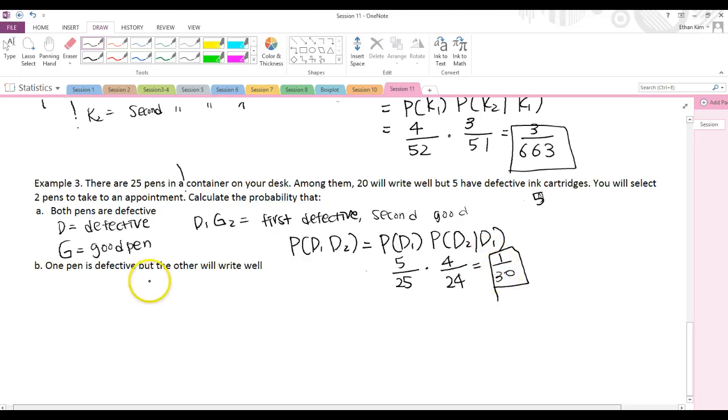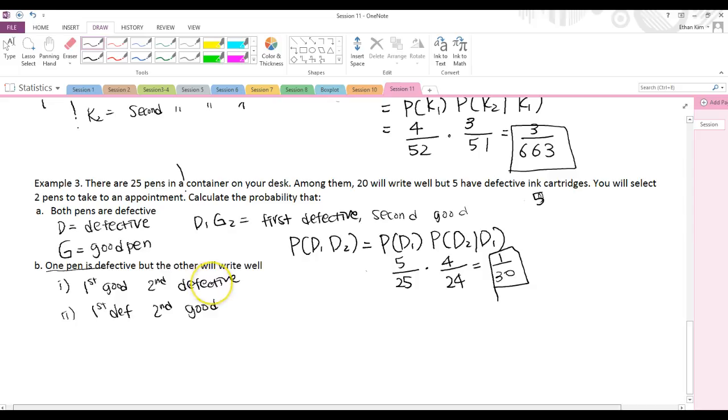Alright, moving on to part B. One pen is defective and the other will write well. Here we have to think about 2 different cases. The first case is when the first is good, but the second one is defective. The second case is when the first is defective and the second one is good.